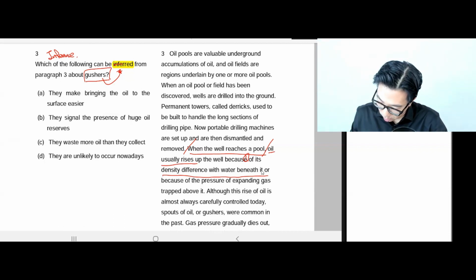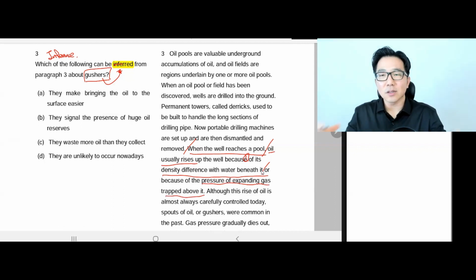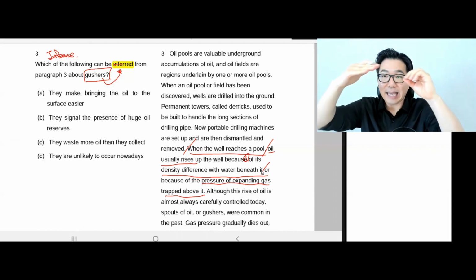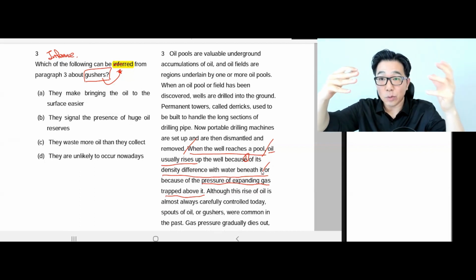Second reason, because of the pressure of expanding gas trapped above it. Okay, so it's trapped. The lid is covered on the top. Okay, so there's gas. Gas is lighter than liquid, of course.